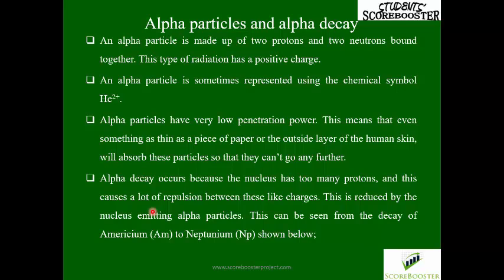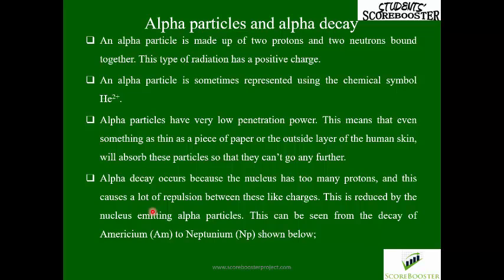So the electromagnetic force, the repulsive force between the protons, will now be more than the nuclear force that is binding the nucleons together. That will now make the atom break. Then there is decay. This decay will now release alpha particles.